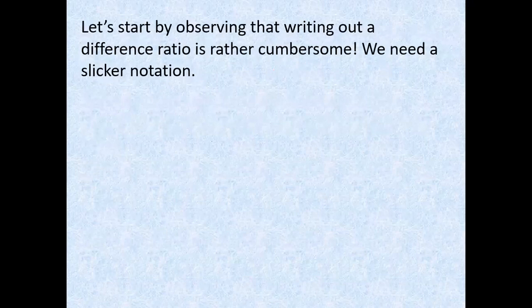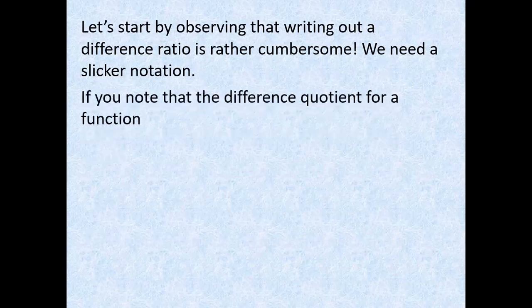So start करते हैं by observing, writing out the difference ratios is rather cumbersome. We need a slicker notation because in mathematics the notations ought to reflect what we are asked and what we are going to solve.